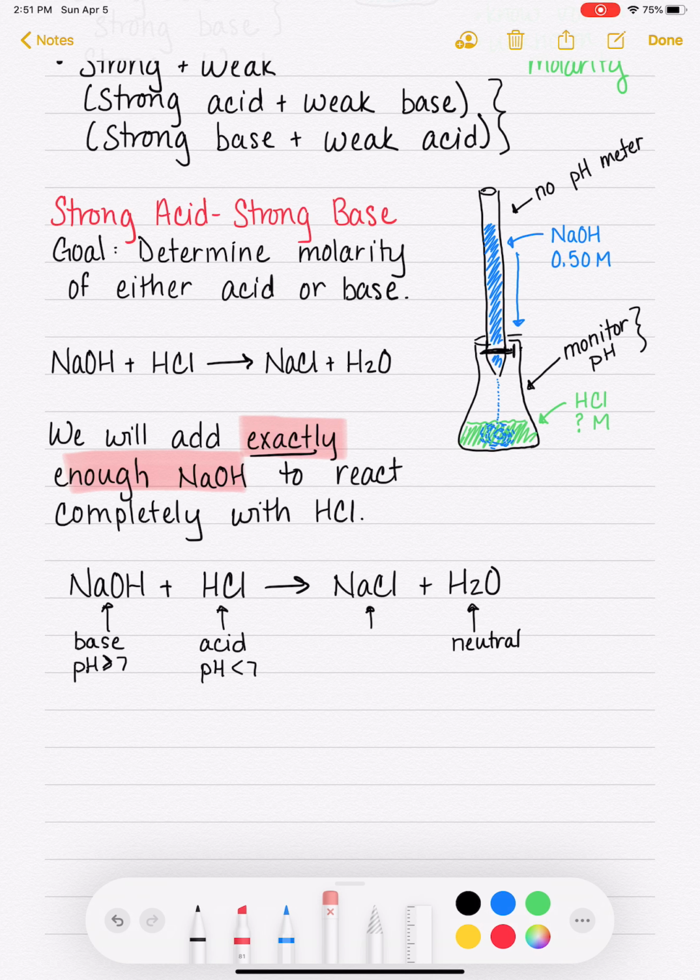And NaCl, if you remember back to where we were talking about the pH of ionic compounds, of salts, acidic and basic cations and anions, NaCl is a neutral ionic compound, so it also has a pH of 7. And so this is going to help us monitor the progress of the reaction.